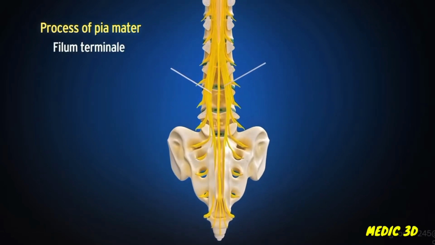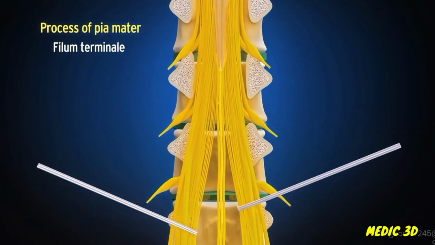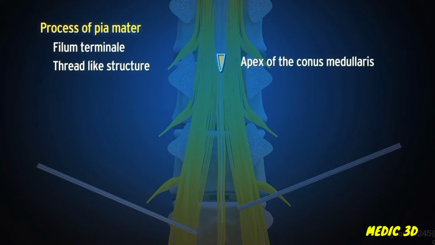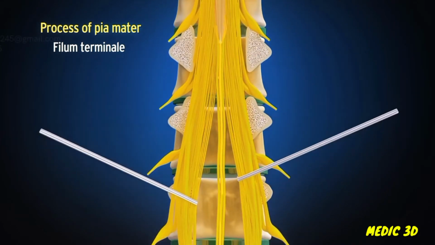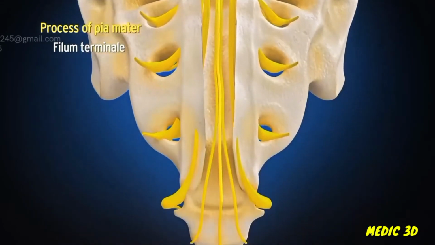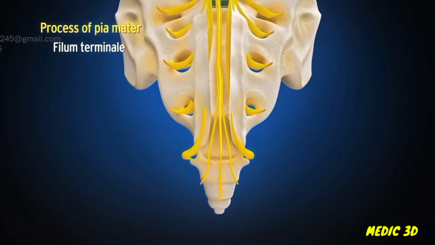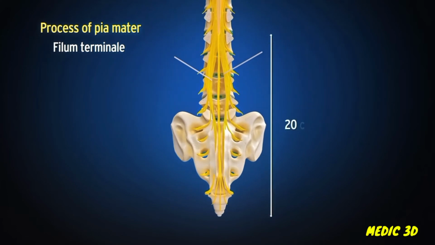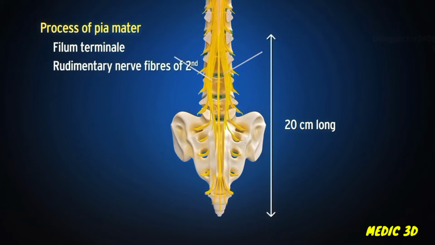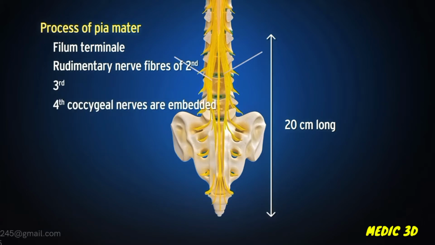Filum terminale. It is a delicate, shiny, white thread-like structure extending from the apex of the conus medullaris to the dorsal aspect of the first coccygeal vertebra. It is 20 centimeters long, mainly composed of non-nervous fibrous tissue, but in the upper part, rudimentary nerve fibers of second, third and fourth coccygeal nerves are embedded along with it.